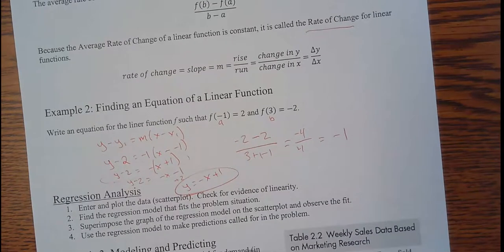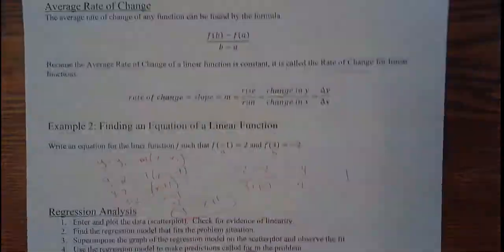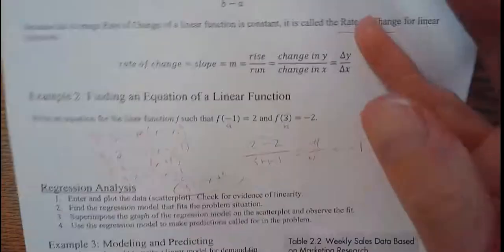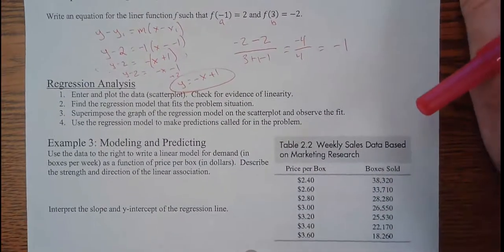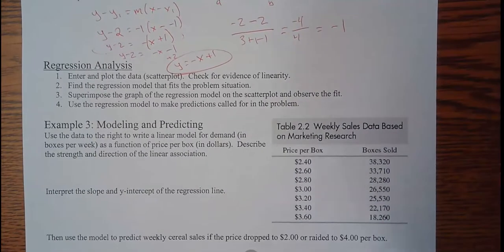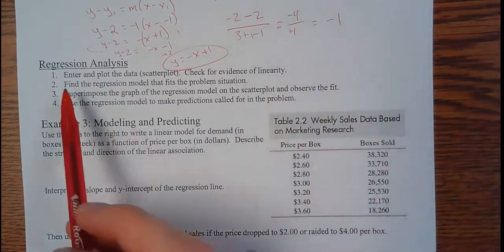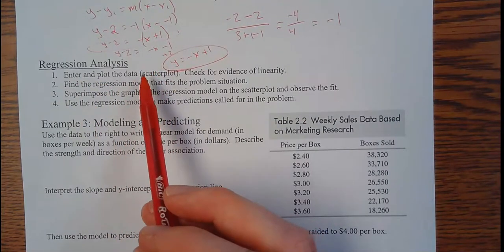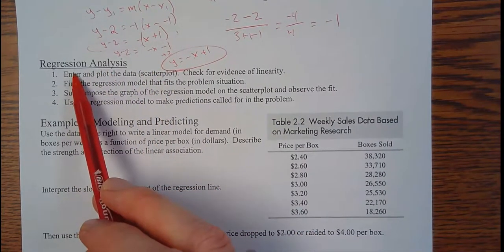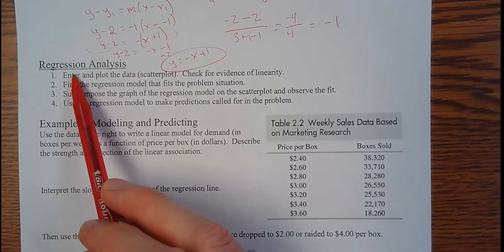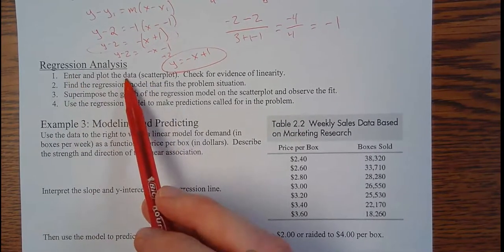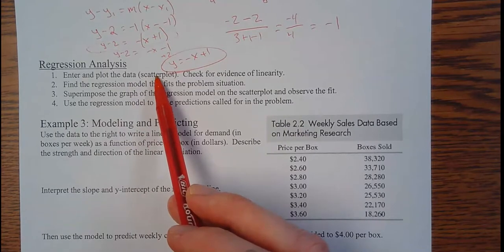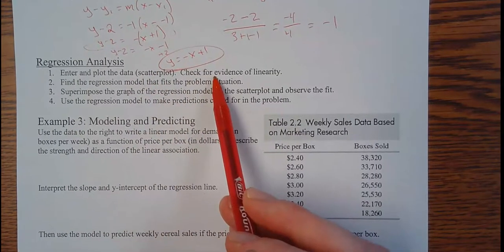The next guy then, and this is the backside. We're flying through this. This is regression analysis. Step 1 is enter and plot the data. We've been doing that. And that's where you enter the data, you go to stat, edit, put in L1 and L2. Plot the data, make a scatter plot, so that's stat plot. And then check for evidence of linearity.